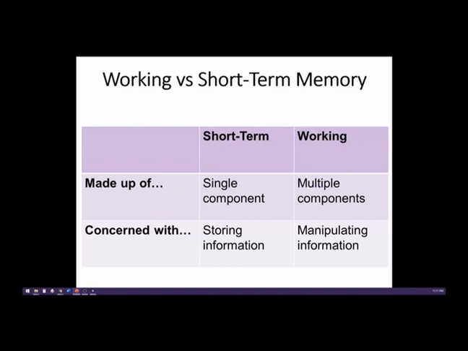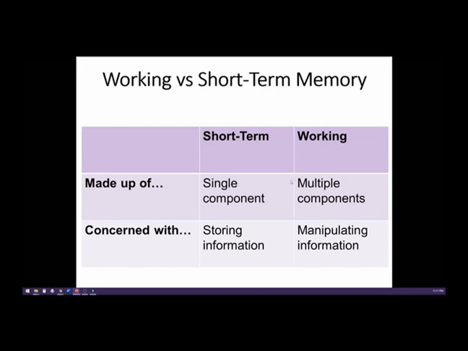And so if this hasn't completely cleared up the difference between short-term and working memory, I made a nice handy chart. Short-term memory is made up of a single component. There's just the one thing that we're using to try and hold on to that information. And its main concern is storing that information. That's just remembering your grocery list on the walk to the grocery store. Our working memory is going to be made up of multiple components.